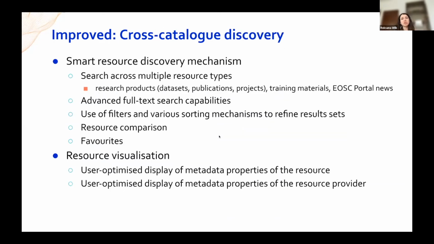The next one, which was also mentioned by both gentlemen before, is cross-catalog discovery. This is all about the visibility and integration of the new type of resource, namely the research products.